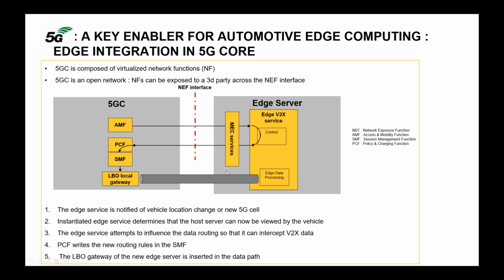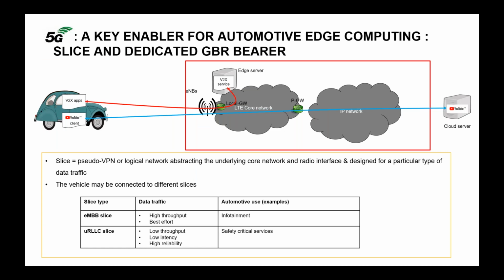So again, this is completely managed by the service that you have offloaded on the application, which is virtualized in the edge cloud. And for the vehicle, there's no control. The only control that it has is when your vehicle negotiates the subscription with your telco. So that's for the edge integration in the 4G or 5G core network.